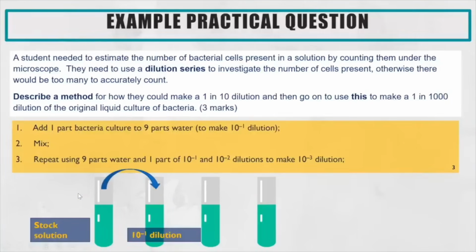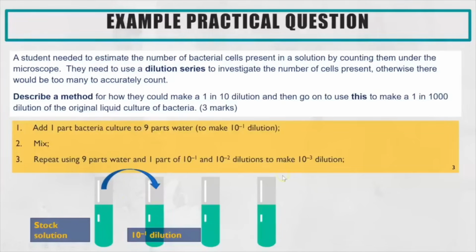So you'd add 1 part to 9 water, and that would make your 1 in 10 dilution, or 10 to the minus 1. There's always a mark for saying mix at this stage, because you have to make sure that the 1 part bacterial culture and water are thoroughly mixed, so you do have an even distribution and you have equal concentration throughout that test tube.